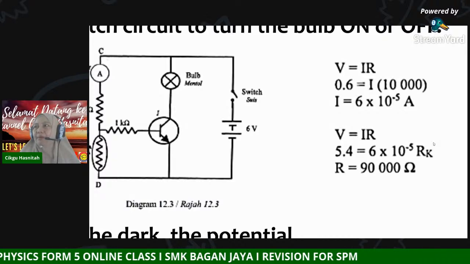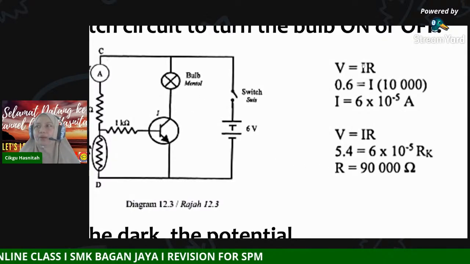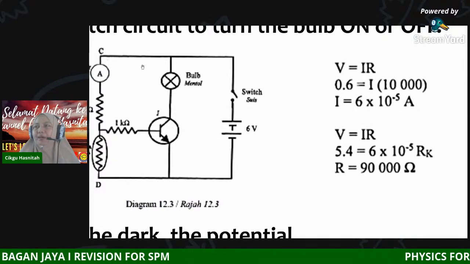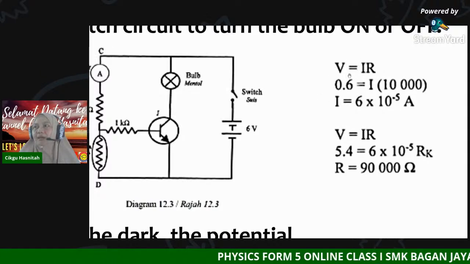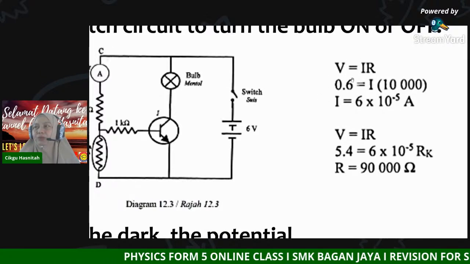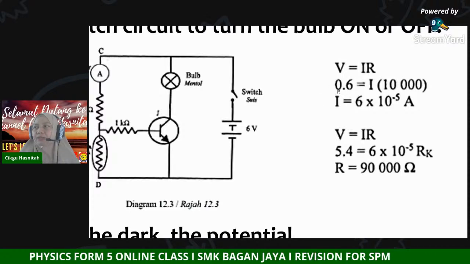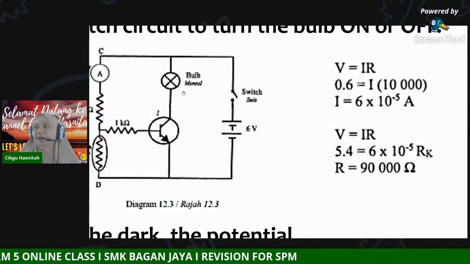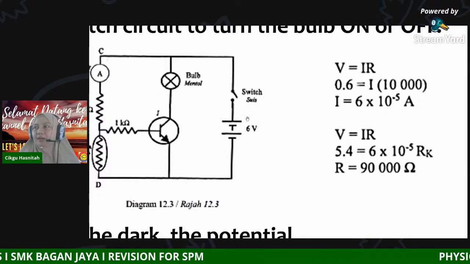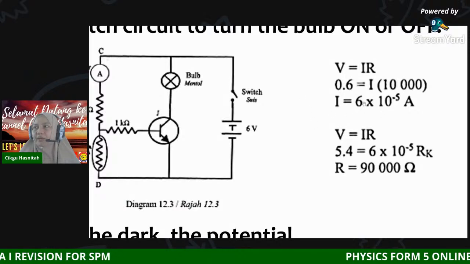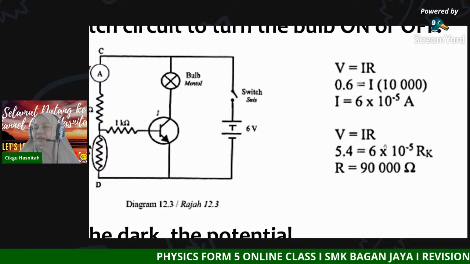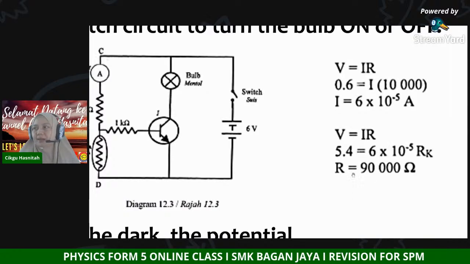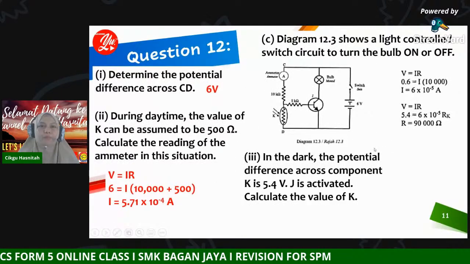Remember, first we calculate how much current flows to K by applying V equal to IR. V is the total voltage supply to the circuit and R is the resistance up here. So a current of this much flows into K, and with the given voltage and current, we can find the resistance as 90,000 ohm.